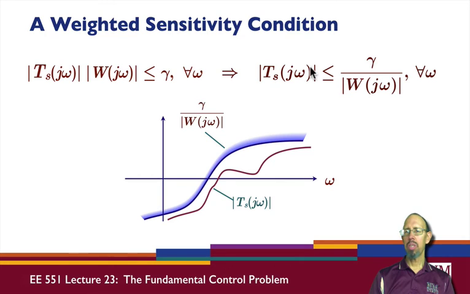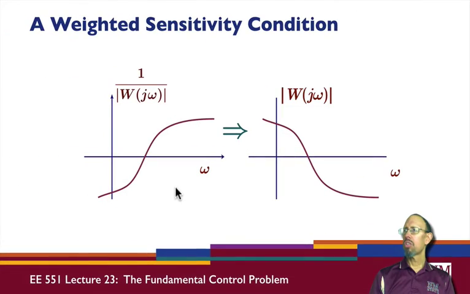And so that's how we would evaluate this. Okay, so again, for good tracking, we want the sensitivity function to be small at low frequencies. So that's why we would have it this way. So if 1 over omega has this Bode plot, then omega itself is going to have this Bode plot. Okay, it's going to be flipped.